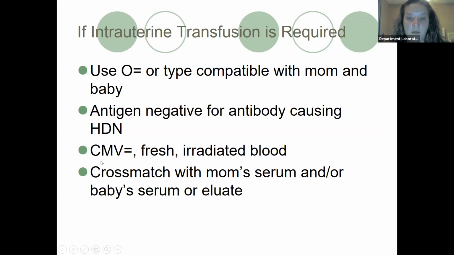And then some other requirements or attributes of those products. We need CMV negative. This has been replaced. Remember, we talked about leukodepletion taking the place of the requirement for CMV negative. So you could read that as CMV negative or leukodepleted. Fresh: remember, for neonatal transfusions, we want it to be between 5 to 7 days old.